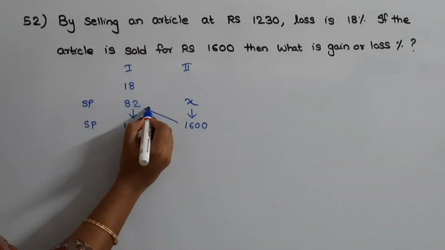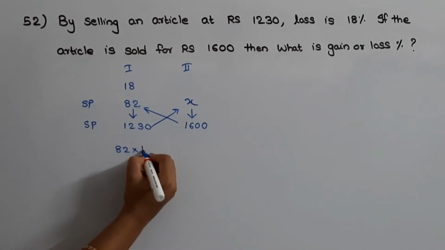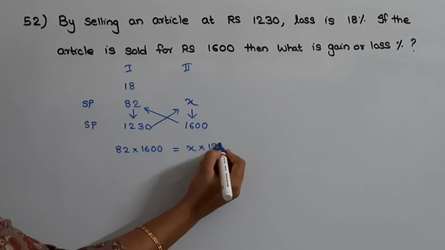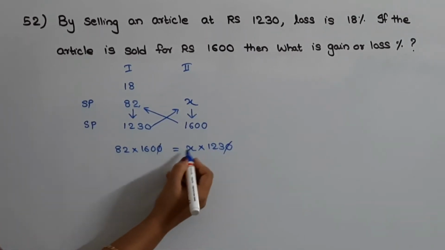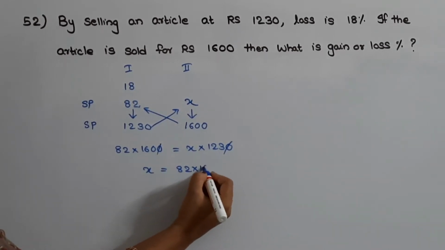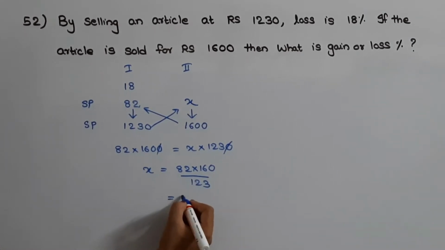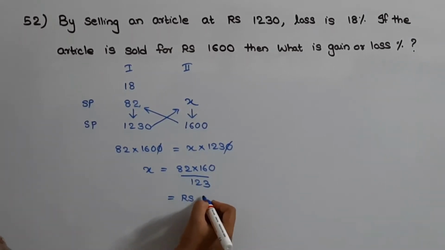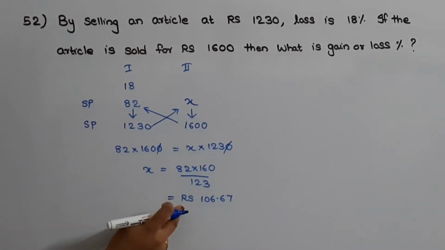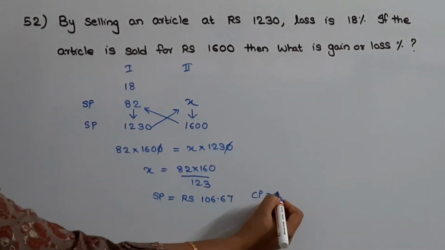So this we can find out by cross multiplying, that is 82 into 1600 is equal to X into 1230. Okay. So on solving this, we will get the X value as 82 into 160 divided by 123. Okay. So on solving this, the answer will be equal to rupees 106.67. Okay. So this is the selling price when cost price is equal to 100.